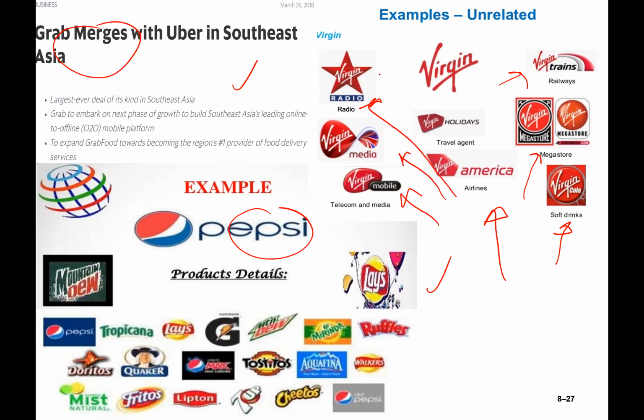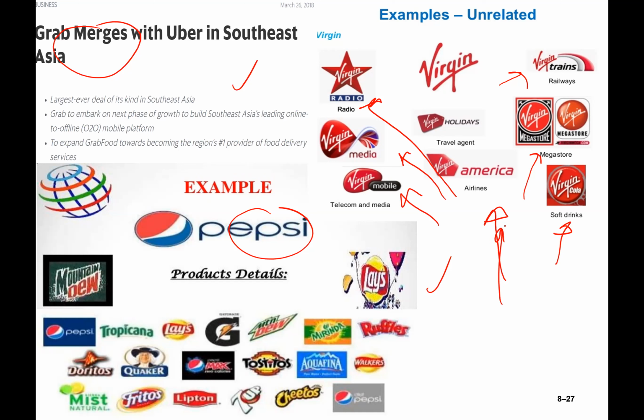And if you study the history of AirAsia, it is also getting into unrelated diversification. It started from airline, and then they opened some kind of telecommunication service provider, and then they went into the hotel business, and then insurance, and they opened up music as well. So basically, they duplicate this kind of business model.